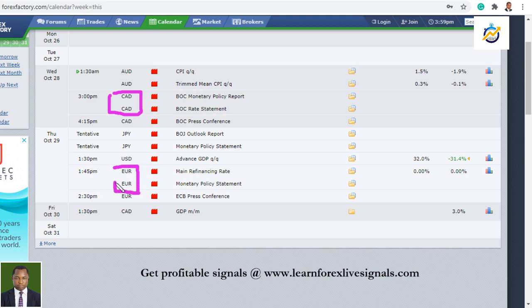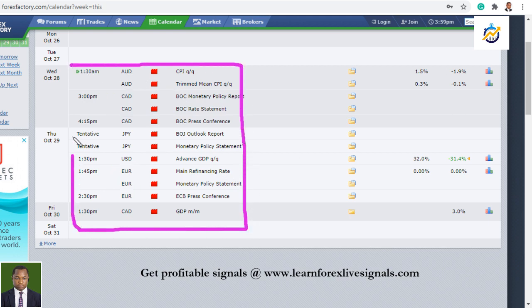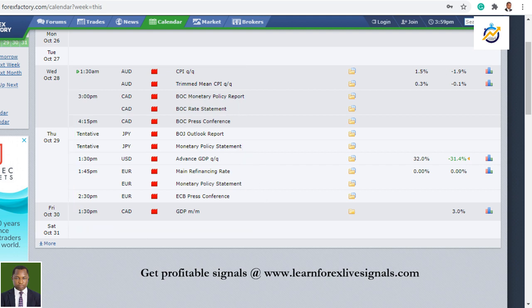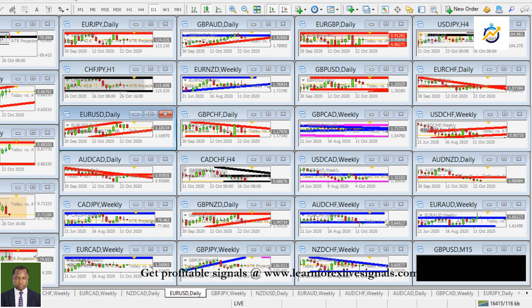Those are the heavyweights of this high impact news. You want to pay special attention to all of these news announcements marked in red, especially if you are an intraday trader.